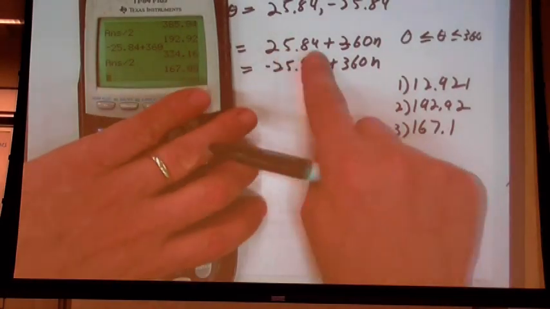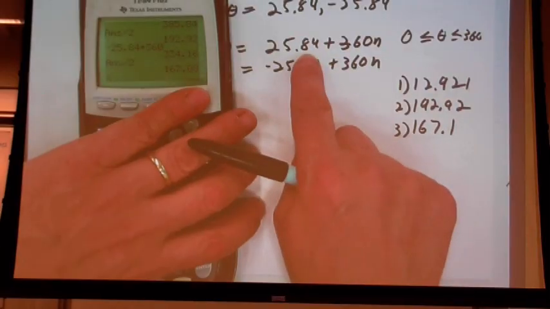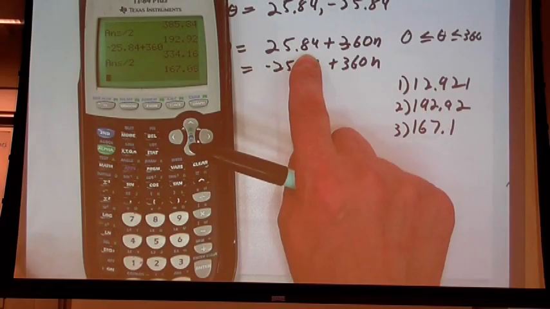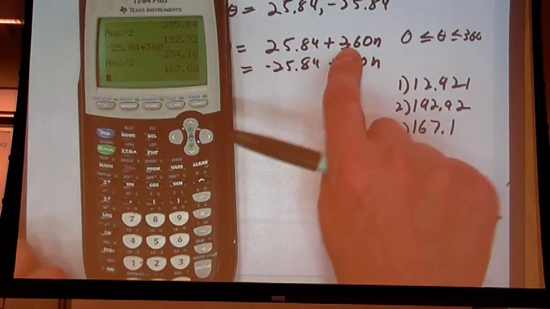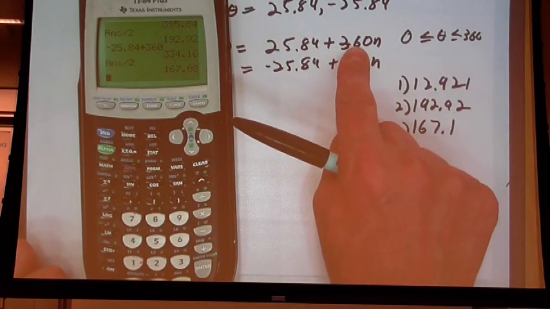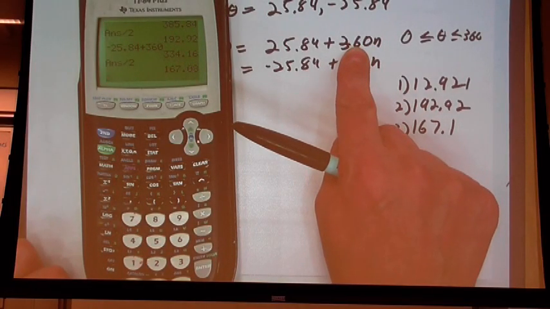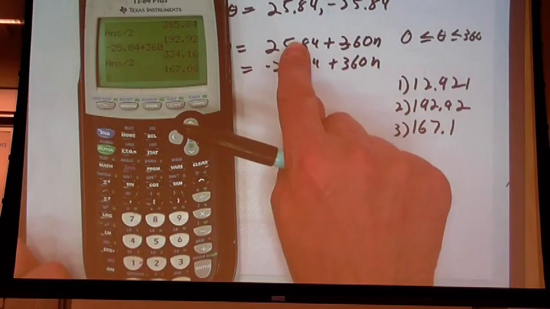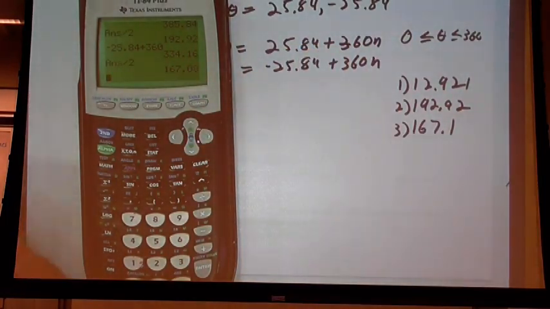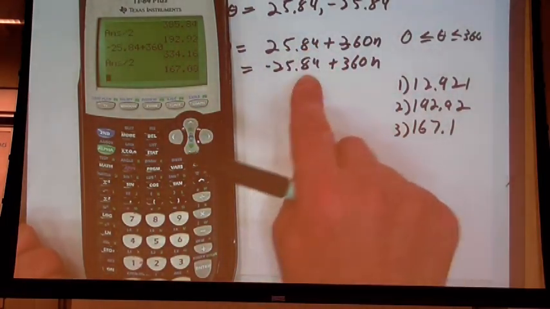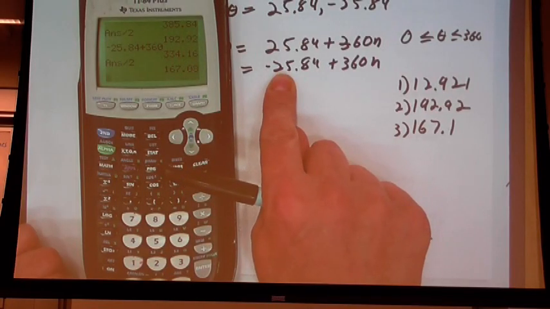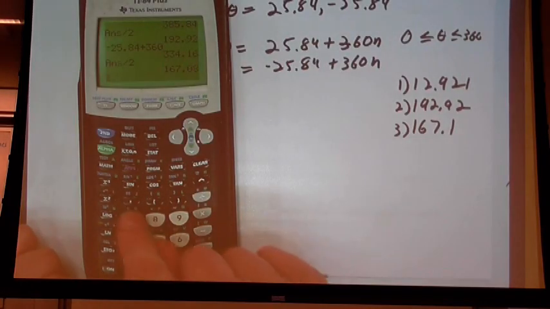Well, actually, I know that's not going to work for the first equation, because when I divide 720 by 2, I'm going to get 360, and when I add that to 25, I've got a number greater than 360. So the only one left here is if I add 720 to this number.